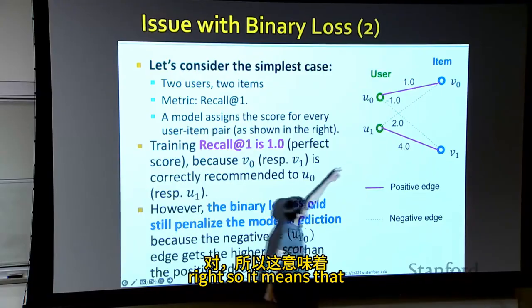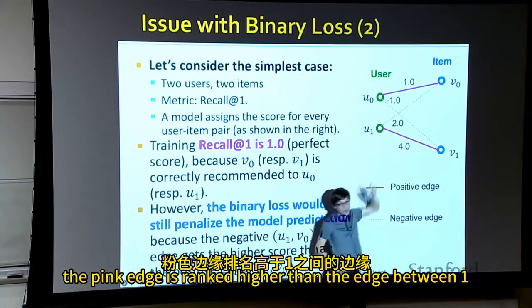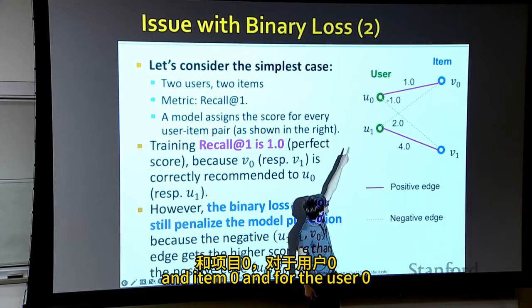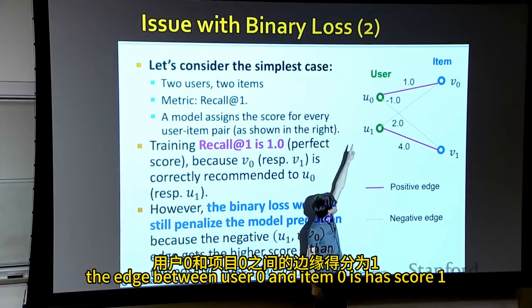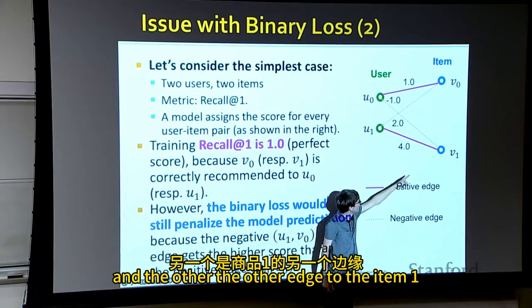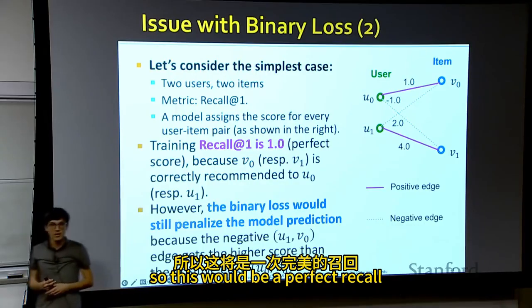So it means that the pink edge is ranked higher than the edge between 1 and item 0. And for user 0, the edge between user 0 and item 0 has score 1, and the other edge to item 1 has a score of -1. So this would be a perfect recall.